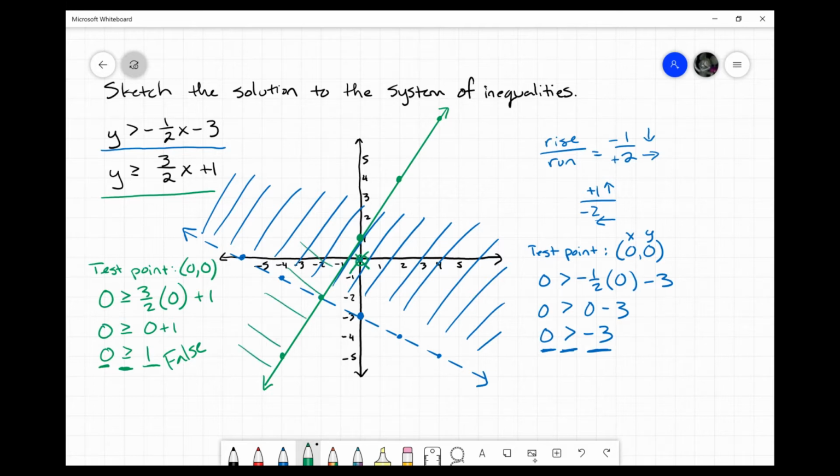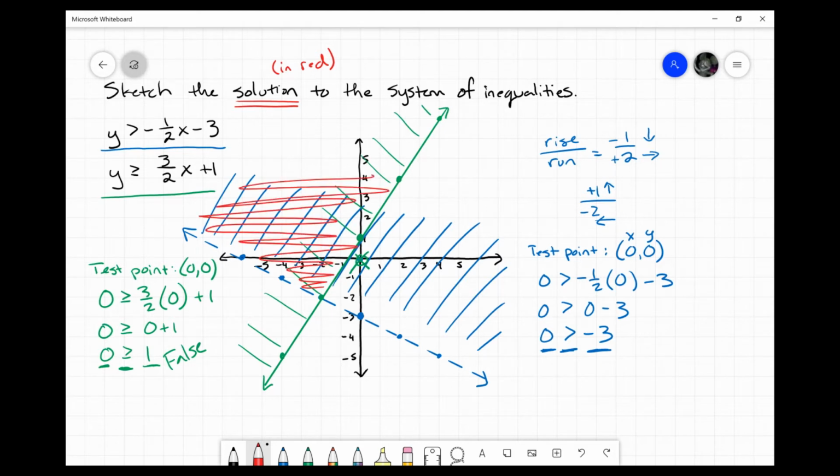And so really, I'll use red. Red can show the true solution. The solution will be in red. And so that's where both of them are shaded. So we're above the blue line and on the left side of the green line. So anything in this area is going to be the acceptable solution for this system of inequalities.